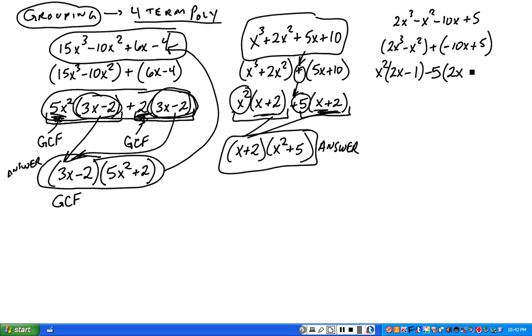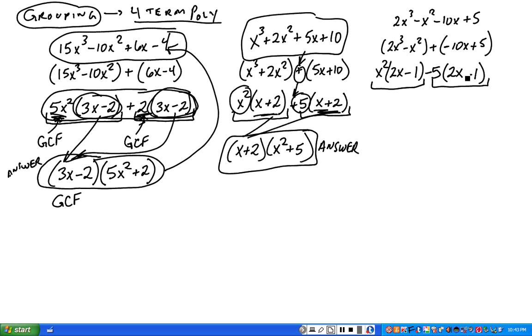Keep the x. And now I have a positive 5 divided by a negative 5. Positive divided by a negative is a negative. And 5 divided by 5 is 1. And now you see 2x minus 1, 2x minus 1. There's one term minus another term.